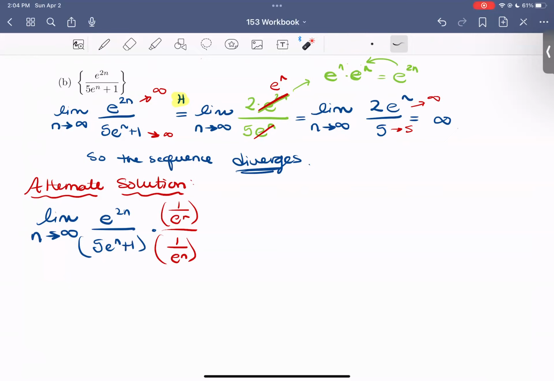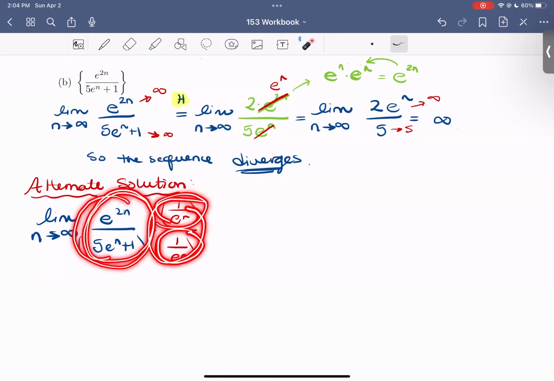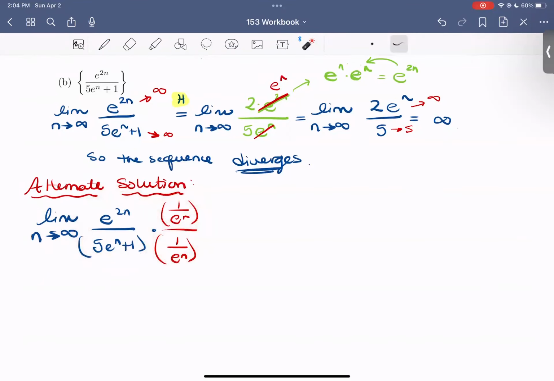By multiplying by 1 over e to the n, that's going to help cancel some of the terms in the denominator. This is a legitimate move because we're doing the same thing to the numerator and denominator. We're just multiplying by 1, so we don't change anything about the limit in the original term.